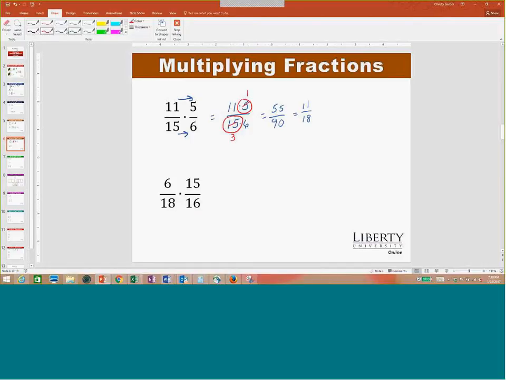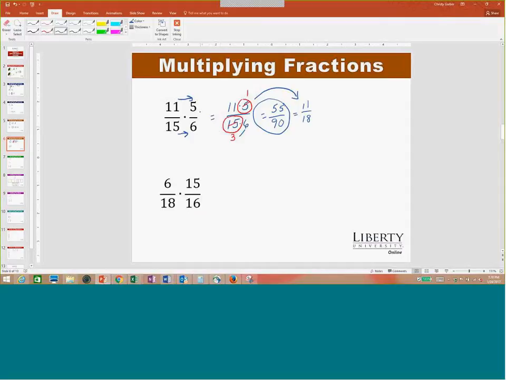If I did it this way, I would bypass this step here and go immediately to my simplified answer, because 11 times 1 is 11, and 3 times 6 will give me 18. So either way you want to do it, if you just want to multiply it out and then look for common factors to simplify your answer, that's perfectly fine.